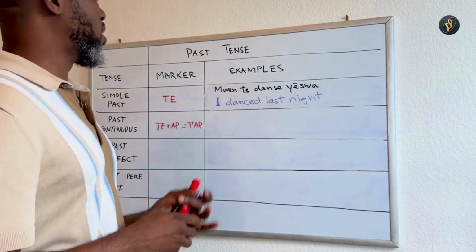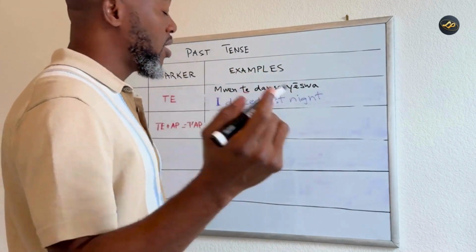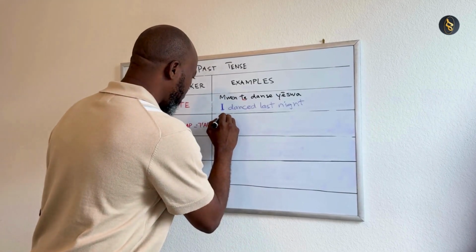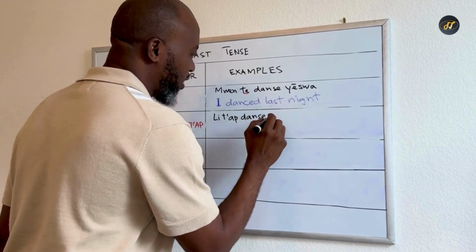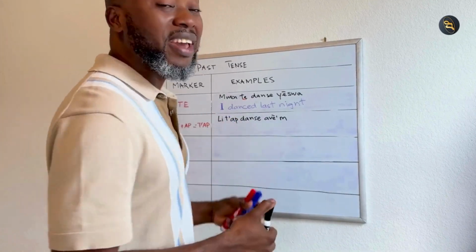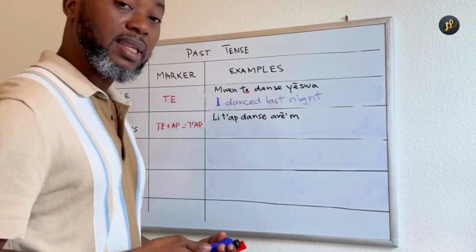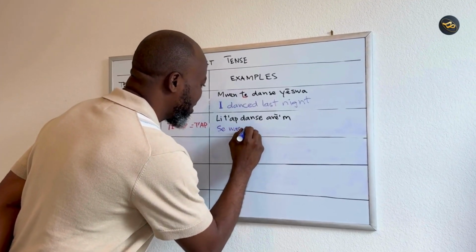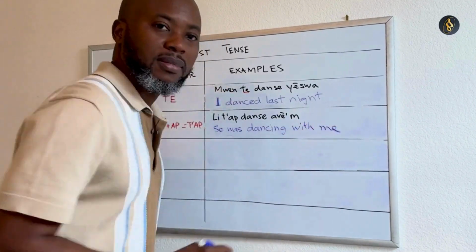Let's see an example with it. Li, meaning she. Li tap danser avec mwen, meaning she was dancing with me.